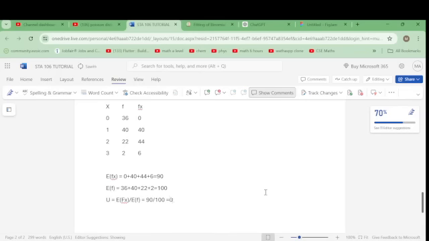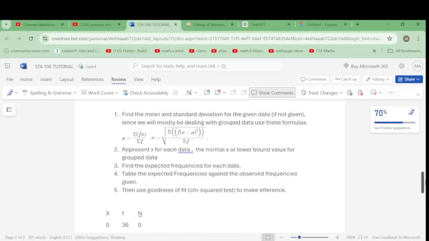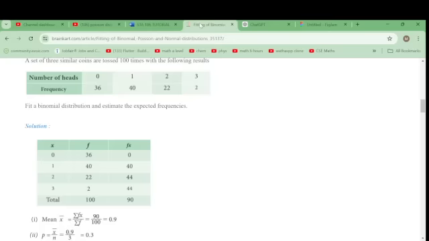So our mean for this table is 0.9. The first step is to find our mean. Now let's find our standard deviation. This will be a long one.